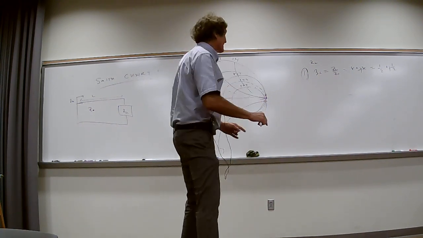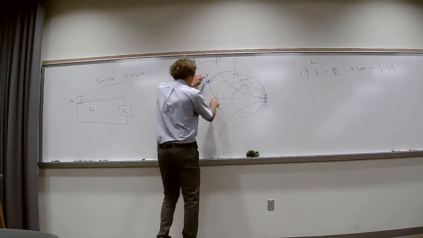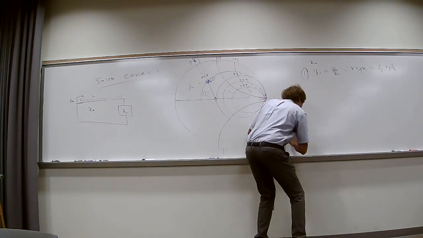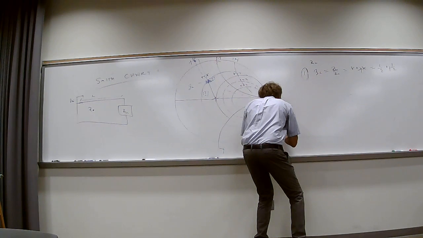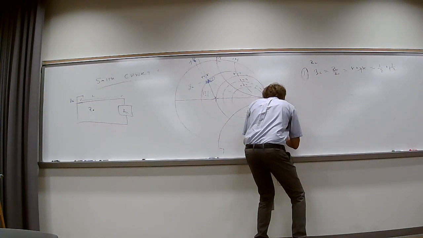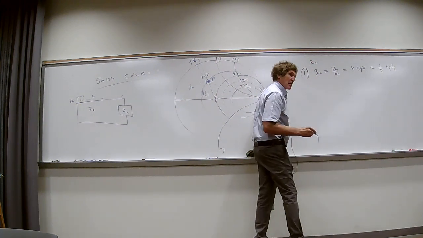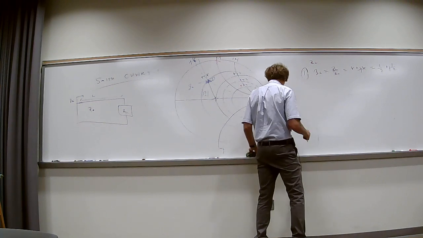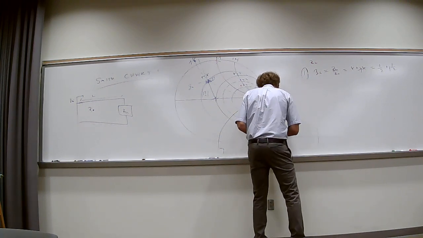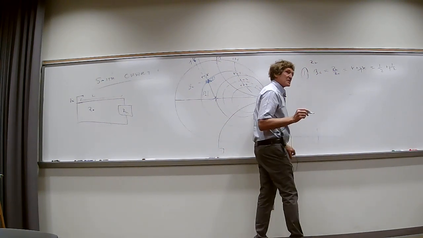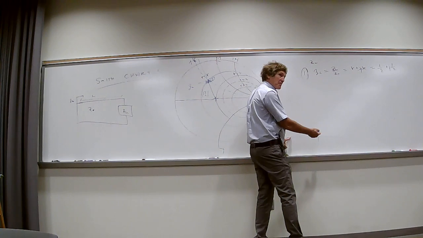Now, if you take this length right here, and you go to the bottom of the Smith chart, you're going to see it say something like REF COEF, or RFL, reflection.